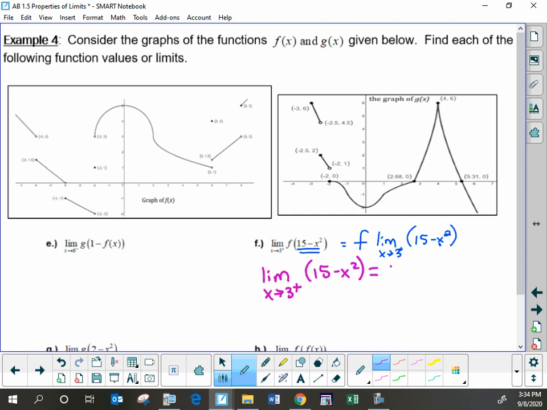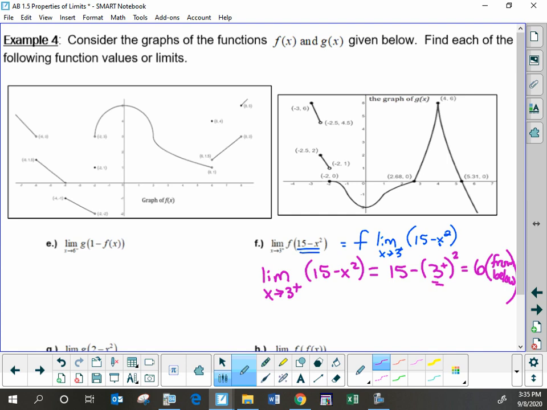That would be 15 minus 3 plus squared, which would be something a little bit larger than 9, would give me 6. And it would be 6 from below, because I remember I was a little bit bigger than 9. So 15 minus 9 would give me something just slightly less than 6. So I'm saying 6 from below.